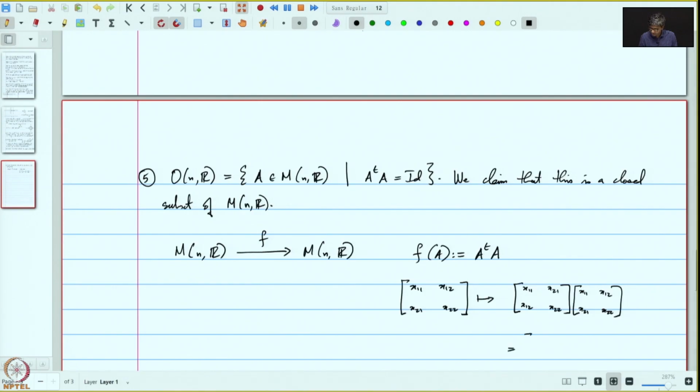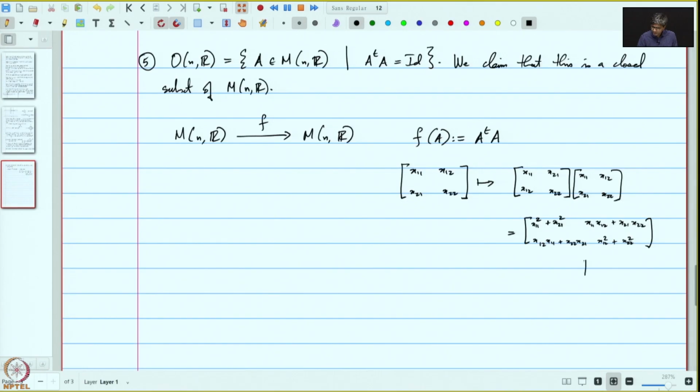Right. But this is equal to x11 square plus x21 square, x11 x12 plus x21 x22, and x12 square plus x22 square.